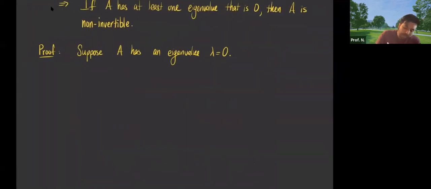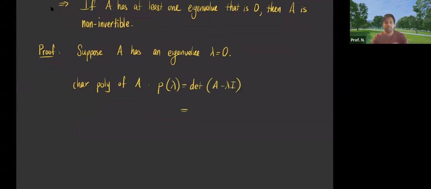So what is the characteristic polynomial? Well, the characteristic polynomial is the determinant of A minus lambda I. And one thing I forgot to say is that A is an n by n matrix, right? It's a square matrix. We only talk about eigenvalues with square matrices.